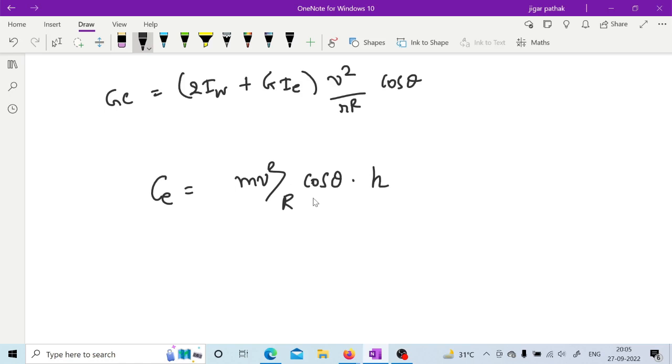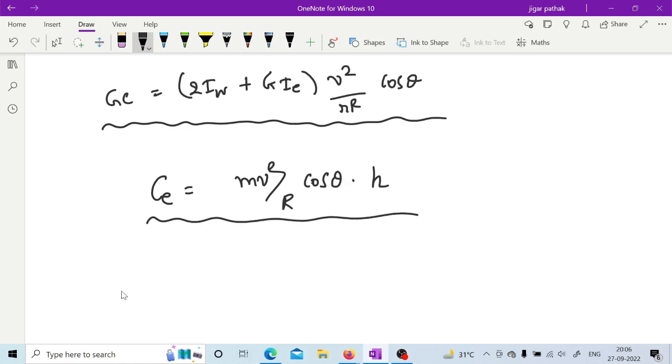Now both this gyroscopic couple as well as this centrifugal couple are going to try to overturn or skid the vehicle. So when both, GC plus CE, try to skid or overturn the vehicle, you will have a restoring couple.